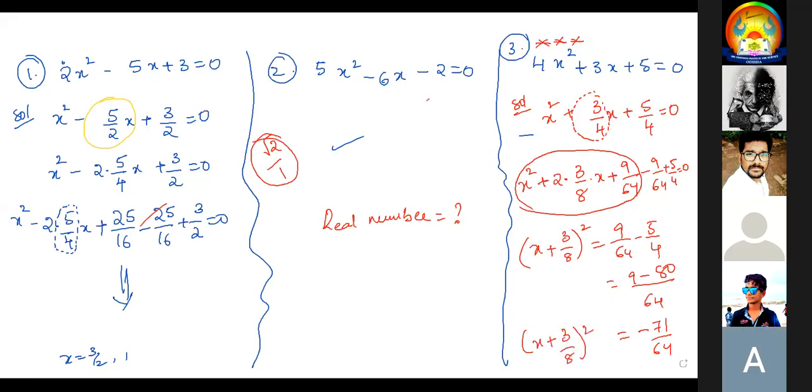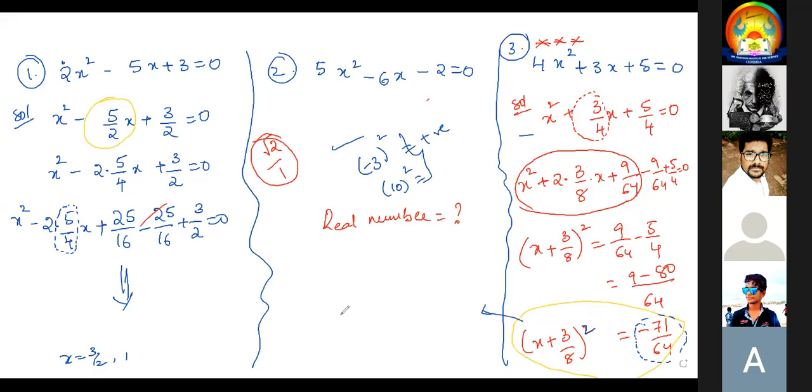So there is the controversy. What is the controversy? If you take any number, its square is always positive. If you take any number, it may be 5, 6, minus 3, square 9, 10 square 100. Everything is positive, but here the square you are getting is negative. Have a look here. So you are getting negative.